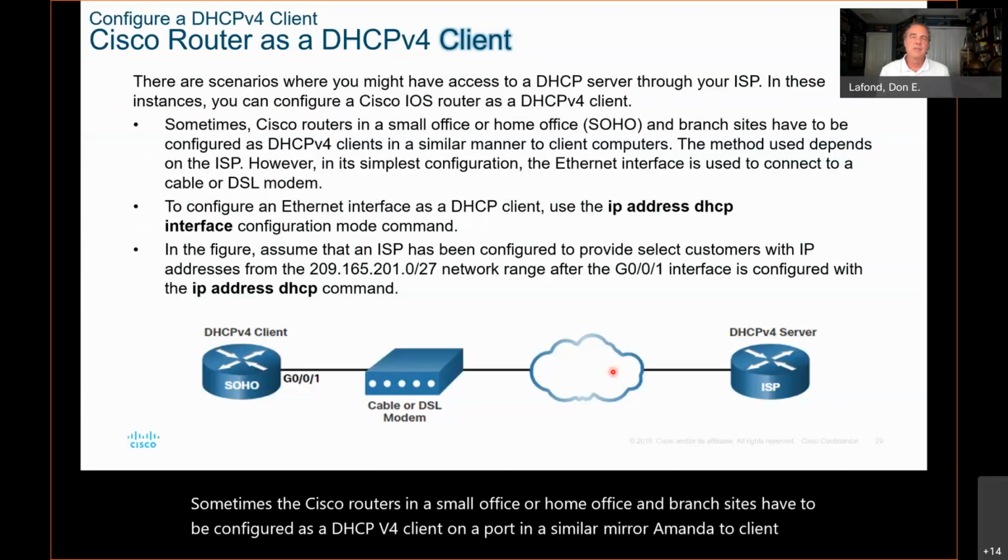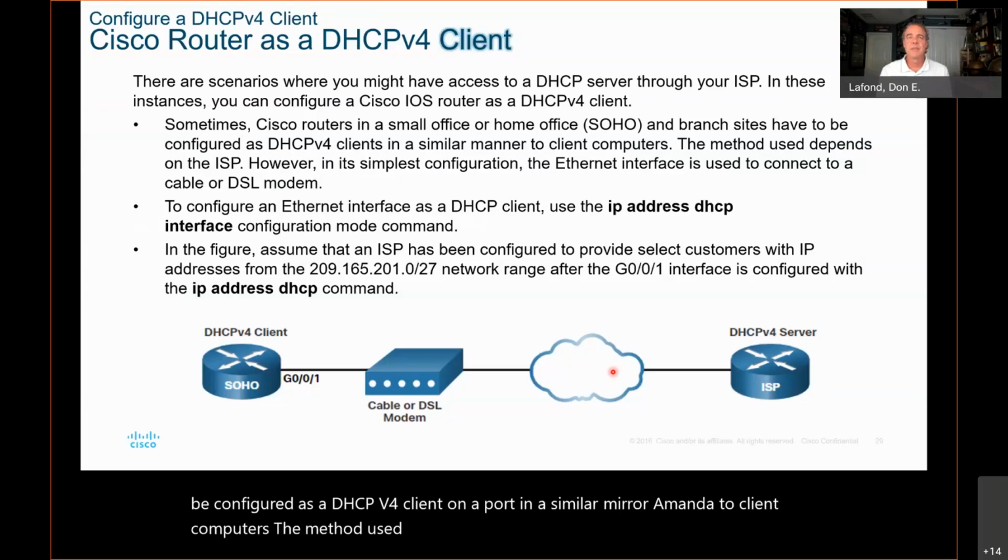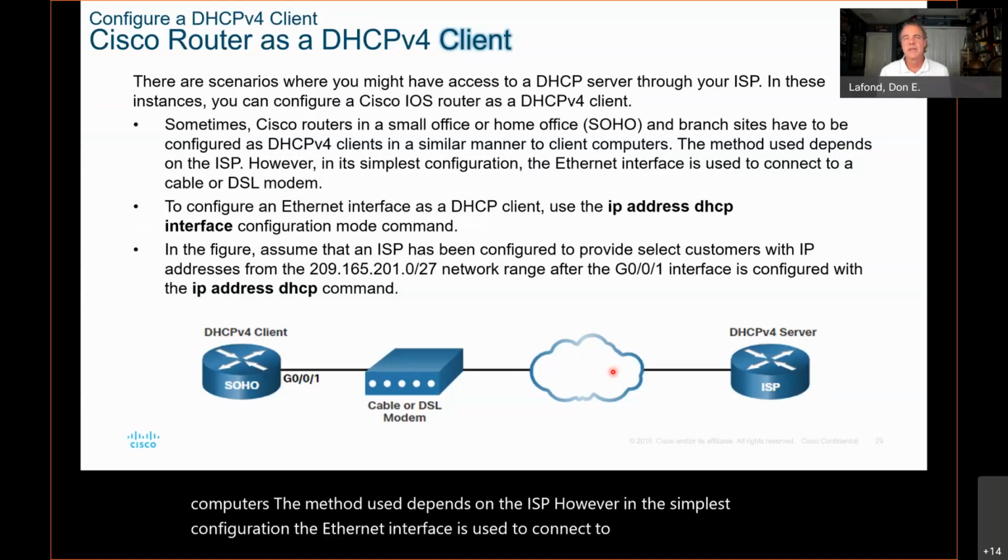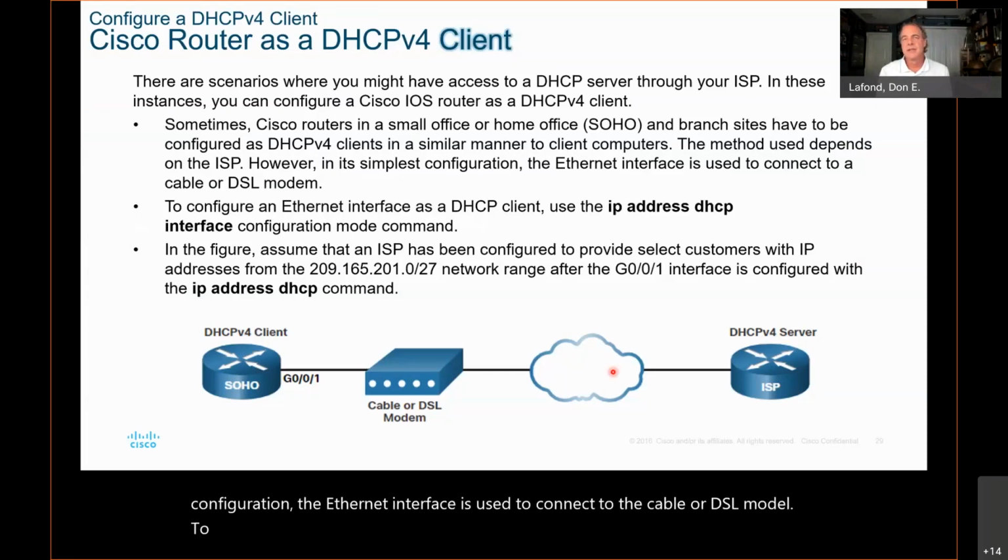The method used depends on the ISP. However, in the simplest configuration, the Ethernet interface is used to connect to the cable or DSL modem. To configure the Ethernet interface as a DHCP client, use the ip address dhcp interface configuration mode command.